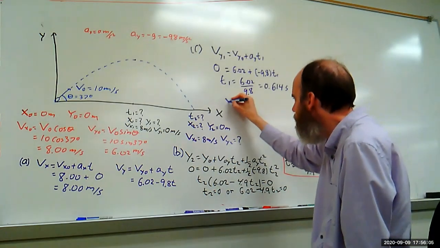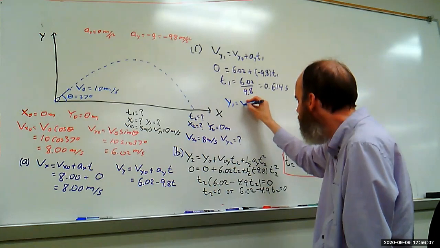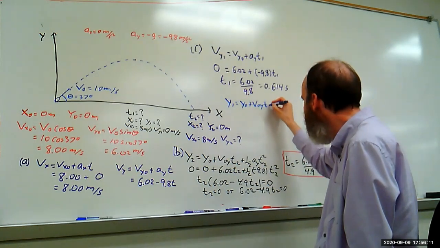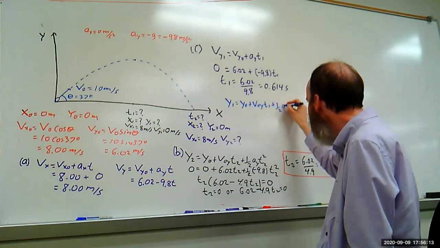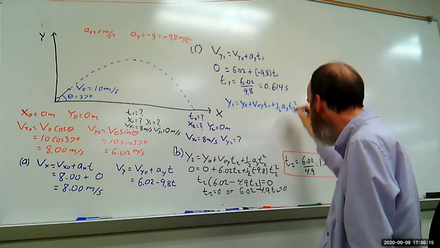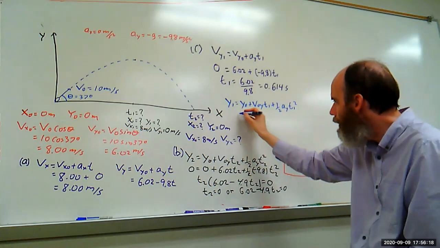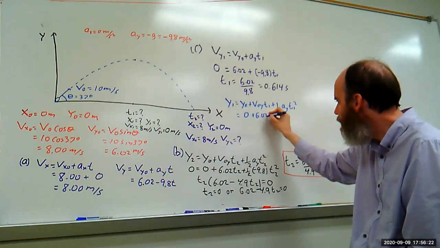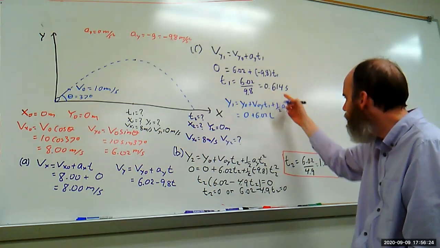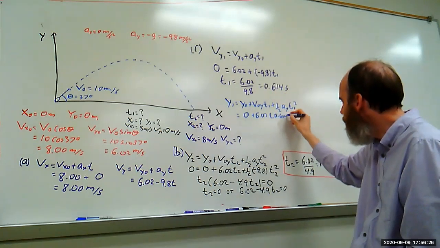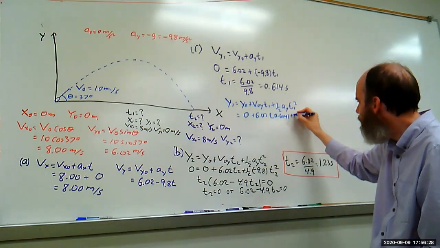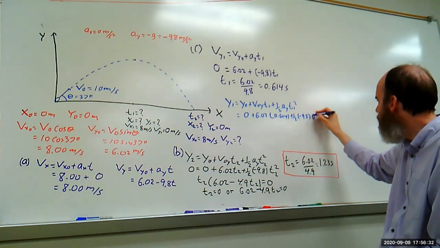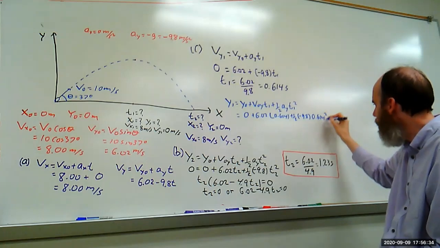We use this equation. Y1 equals Y0 plus V0y T1 plus 1/2 Ay T1 squared. Putting in the values, 0 plus 6.02 times T1, 0.614, plus 1/2 times negative 9.8, 0.614 squared.